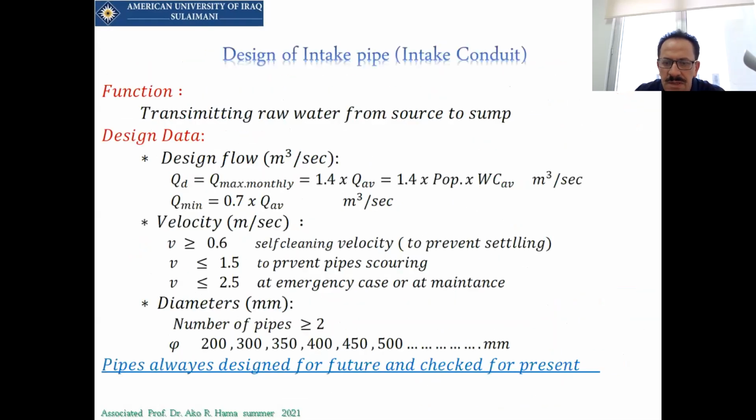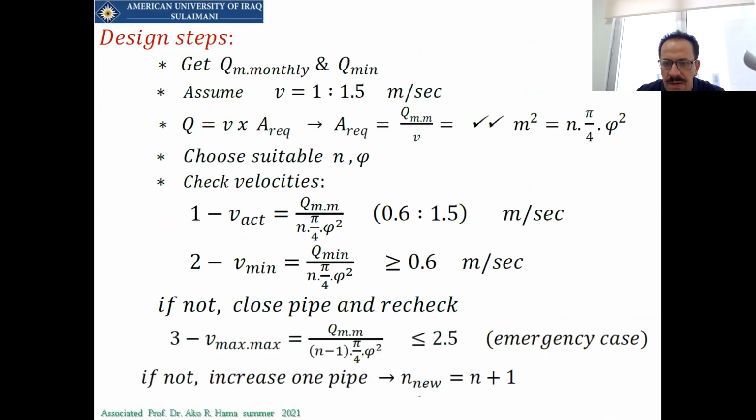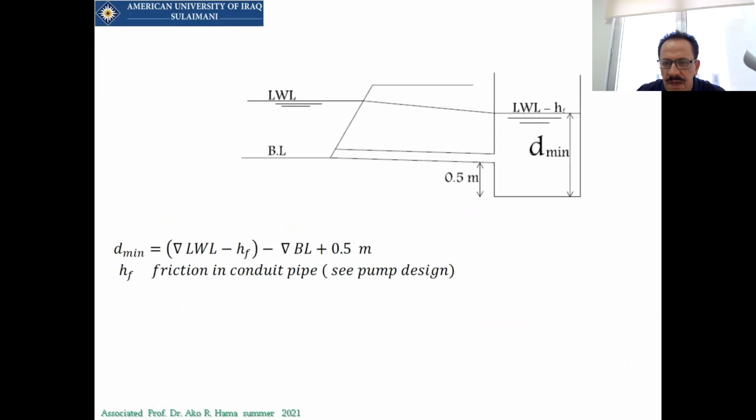D minimum is when you have water. This is the river, and this is the bed level of the water of the river. Now we have put this pipe here. The water is coming in this pipe and will be collected here.